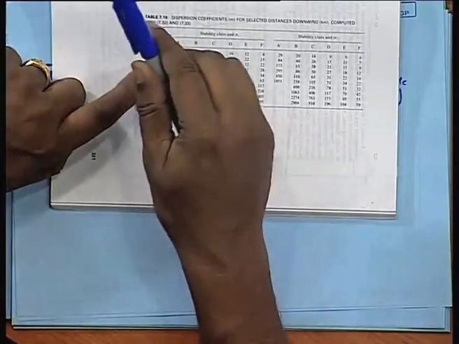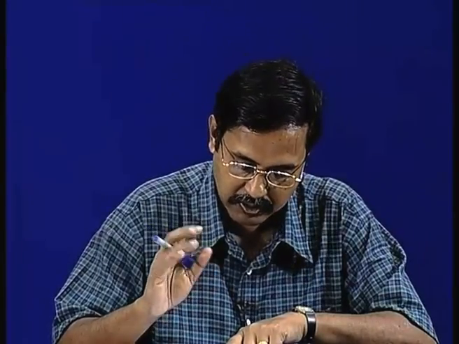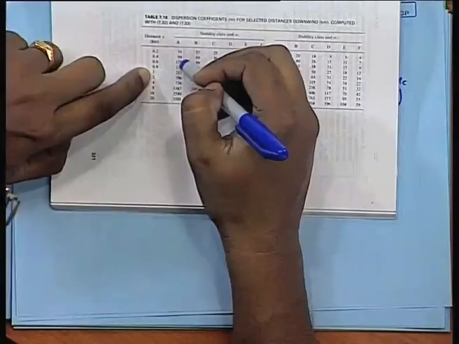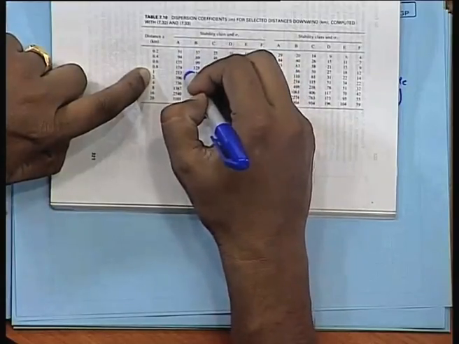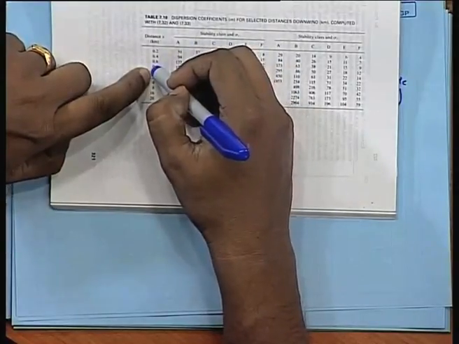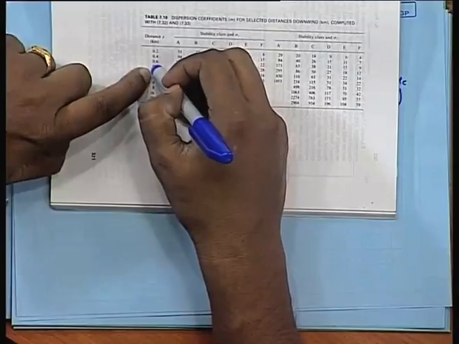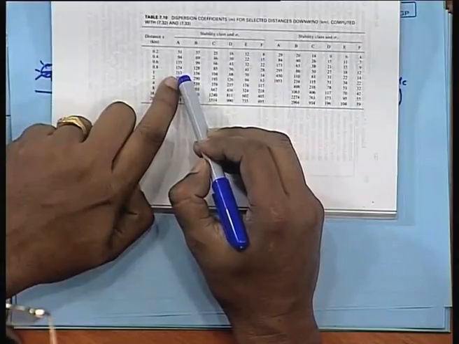The stability class A we have defined as clear sky and wind velocity of less than 2 meters per second. Clear sky, sun at 60 degrees from the horizon, so you can find out at that point of time the stability class as A, and if it is A at 1 kilometer away from the stack, the sigma y is 213.